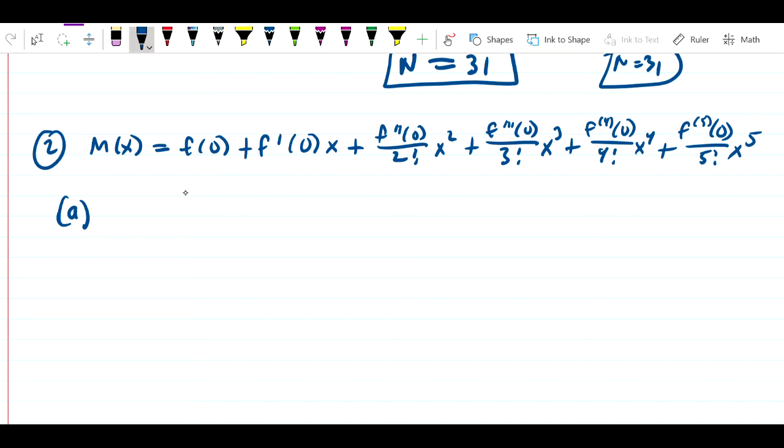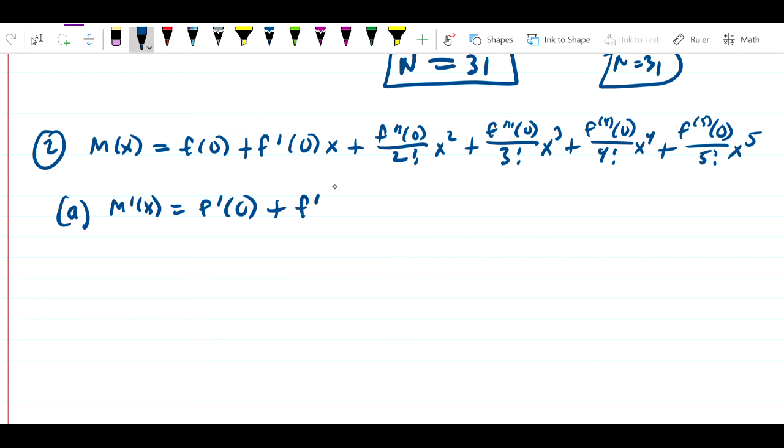We went over the rationale for this in the lecture on Taylor and Maclaurin series, but I'll just do the calculation. If I take the first derivative, f of 0 is of course a constant. Don't be fooled by the fact that it's a function. It's a function that I'm evaluating at a constant, so f of 0 is a constant. So when I take the derivative, I get M prime of x equal to f prime of 0 plus, for the second term, I take 2 times f double prime of 0 over 2 factorial, and that just cancels out because 2 factorial is 2.